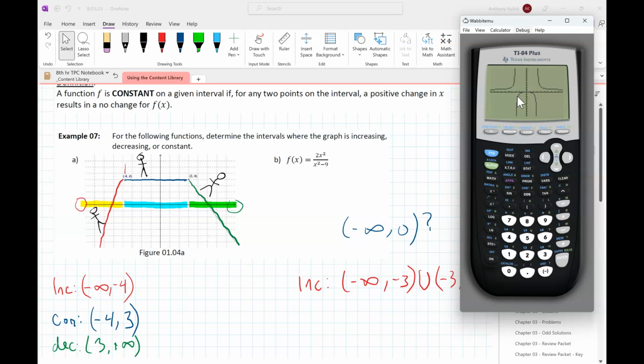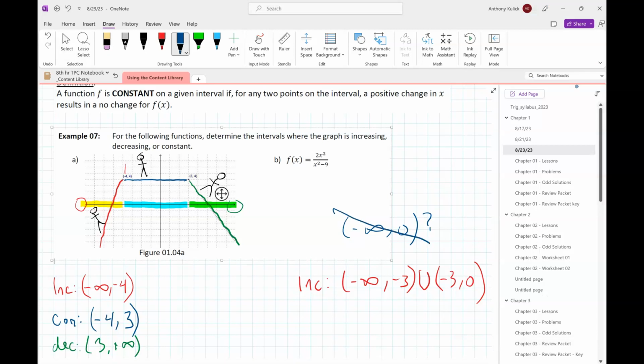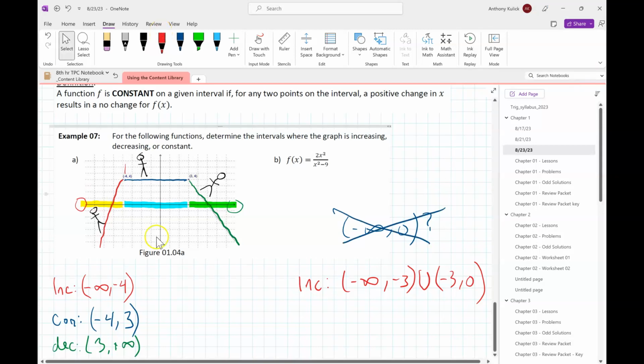No, it went down, right? So definitely can't do that. We need two separate intervals. If there's a discontinuity, that is going to stop an interval. Even if it starts back up at the same discontinuity, it has to be separated. Everybody's okay with that? So you're always going to have a break in your interval at a discontinuity. Always, always, always.